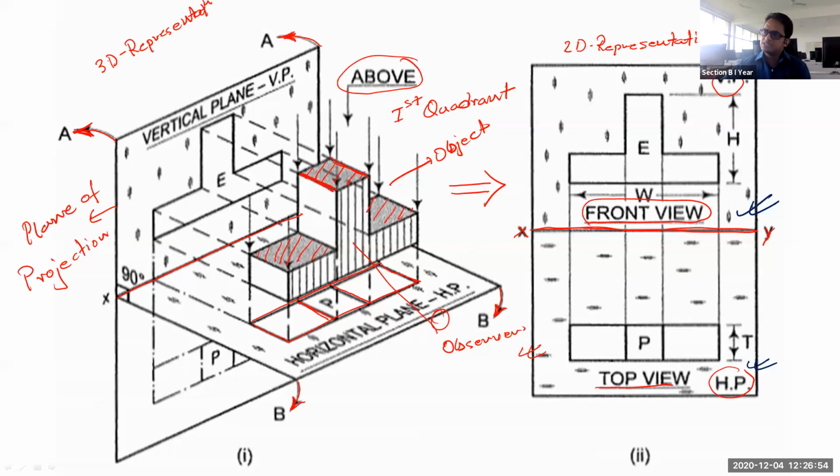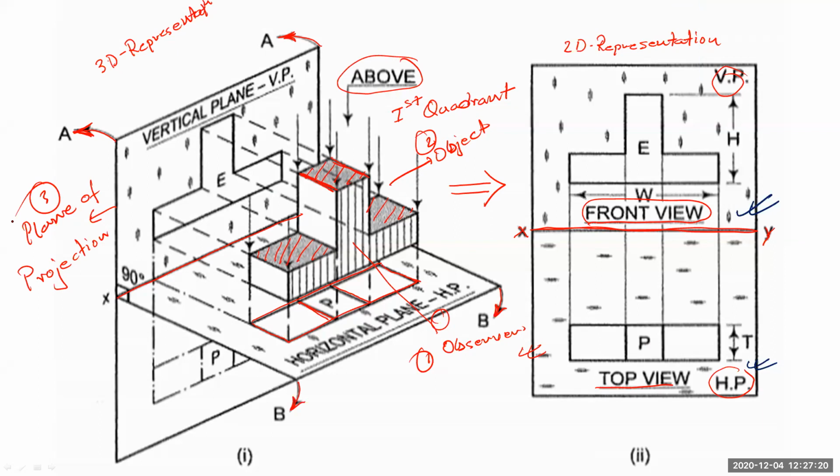Okay, so the first is your observer, then object, and then plane of projection. Normally in each and every examination, the difference between first angle and third angle projection is asked. Each and every examination, this topic is very important. Okay, so I'm telling you, and I will show you one tabulated format also in which all the points will be covered at once.